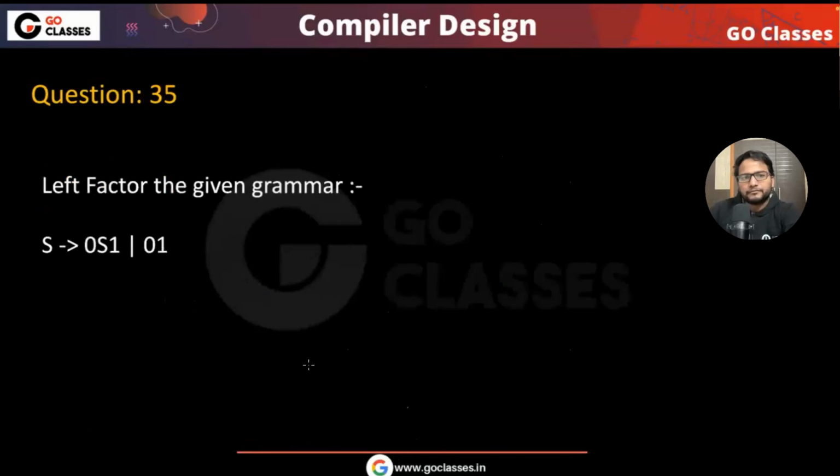Okay. So can you left factor this given grammar? Do you remember how to left factor? For left factoring, let me tell you a very interesting way to do it. Whatever is common, you take it like this. You take 0 as common, then S1, and then 1.